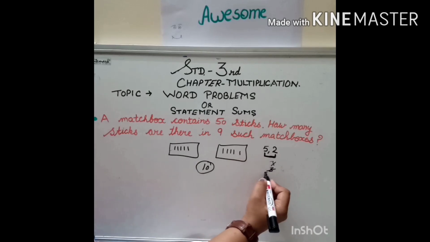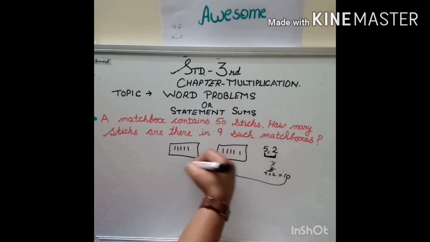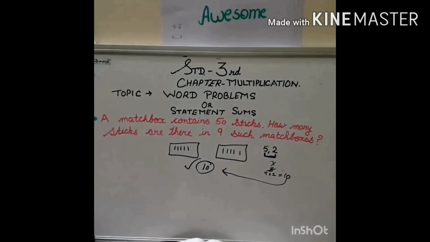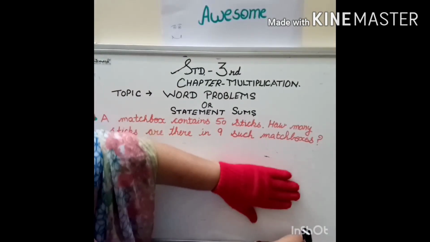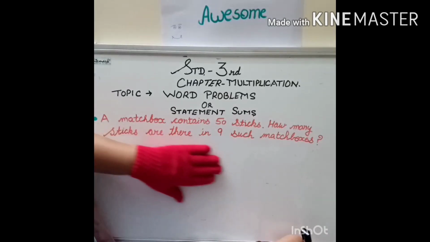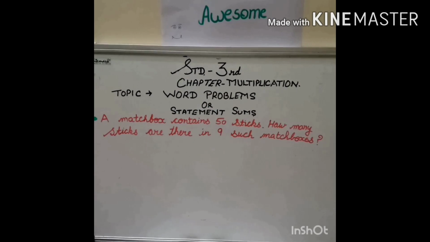No. 5 multiplied by 2, 5 2s are 10. Is our answer 10? Yes. So that means this is a question of multiplication. So children, this is the way you can find out whether the question relates to addition, subtraction, or multiplication. This is the simplest way of finding out which operation the question relates to, that is multiplication.